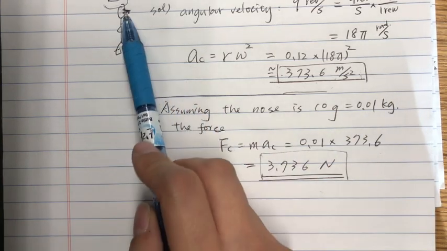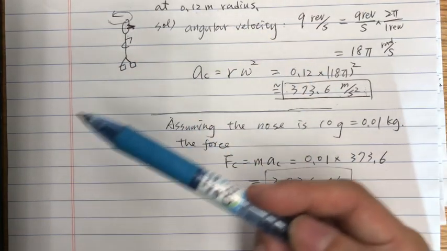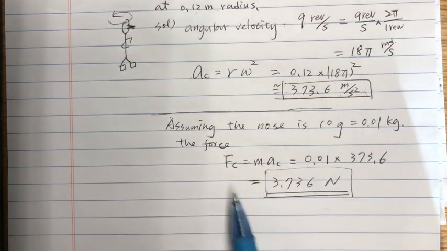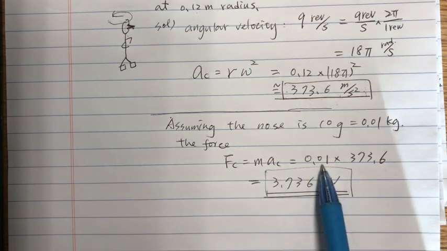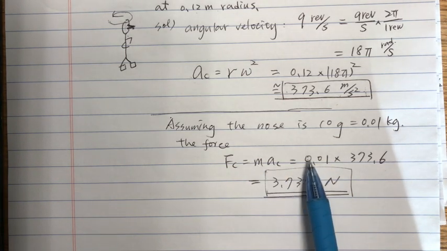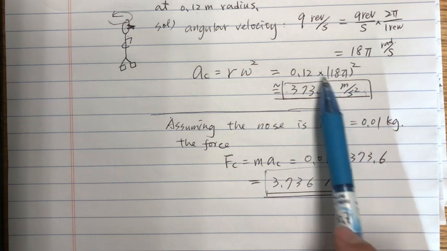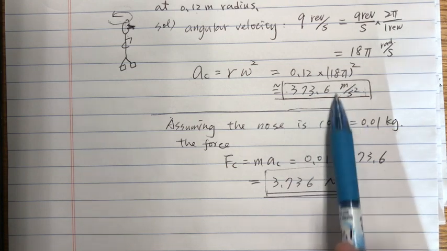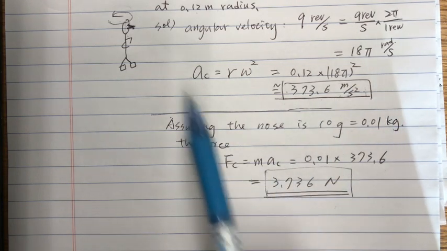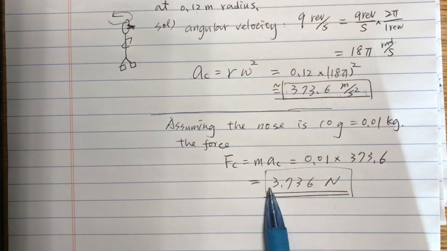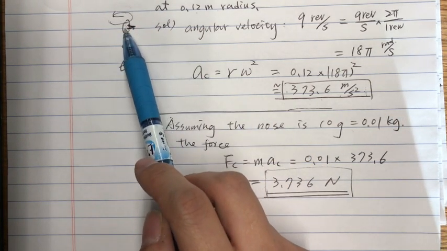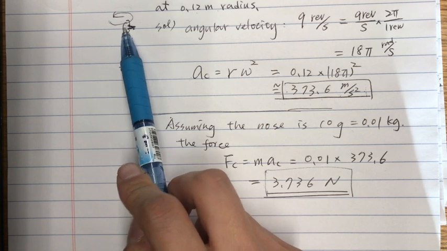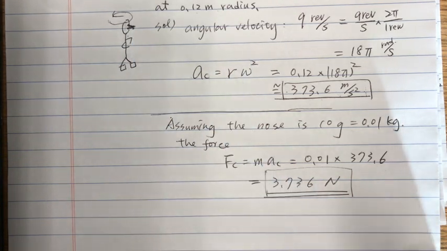Then the force needed to keep the nose stuck to the face without falling apart is the centripetal force, which is m a_c, 0.01 times 373.6. So the connection your face needs to provide this amount of force in order to keep your nose stuck to the face without falling out.